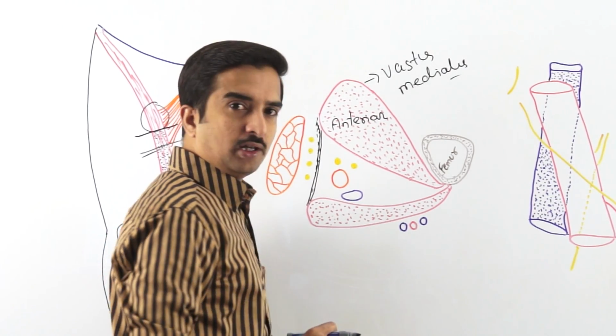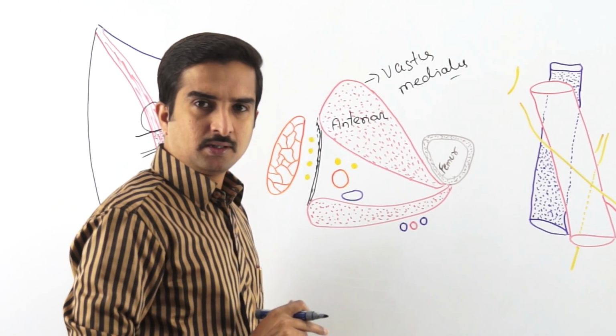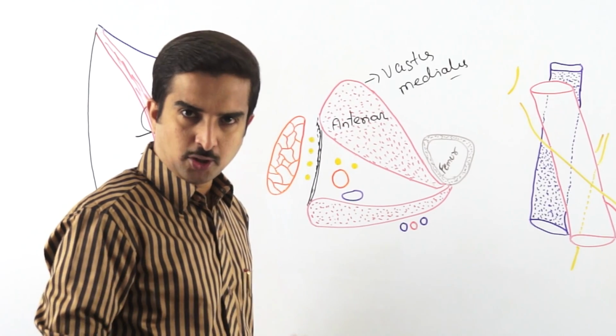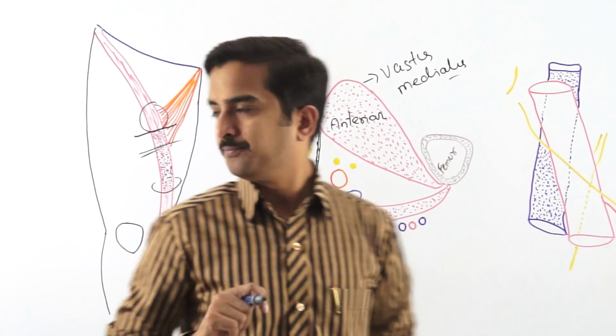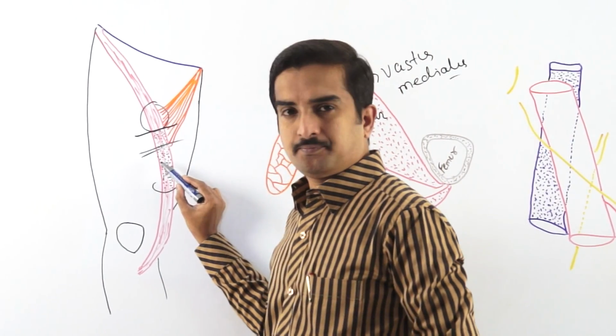The posterior wall is formed by the adductor longus above and the adductor magnus below. What does it mean? Let's see here.